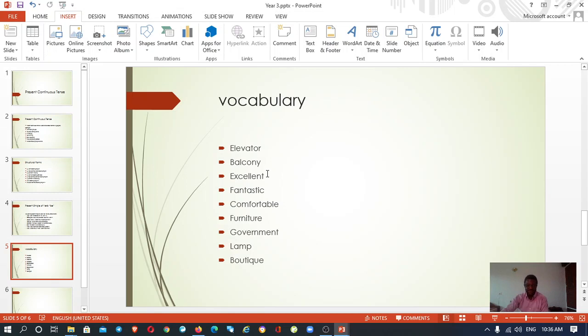At least 3. It can be at least 4, not 3, because this one, everybody can spell this one. So make sure that from boutique, government, furniture, comfortable, fantastic, excellent, balcony, elevator, I can at least spell like 4.